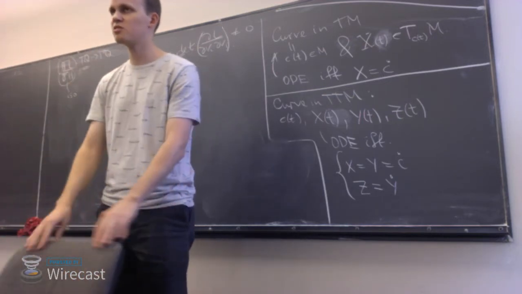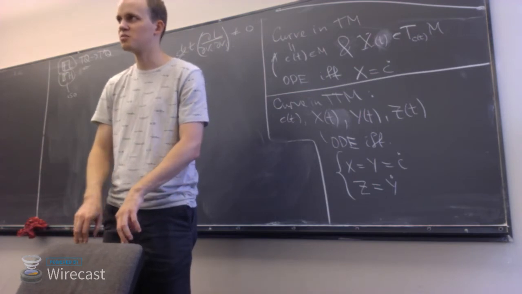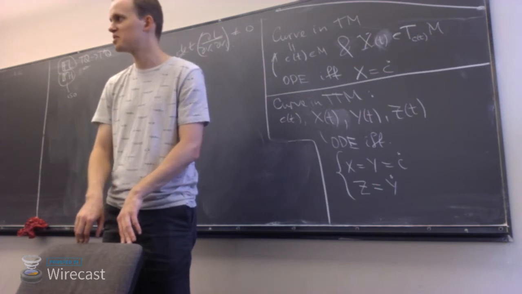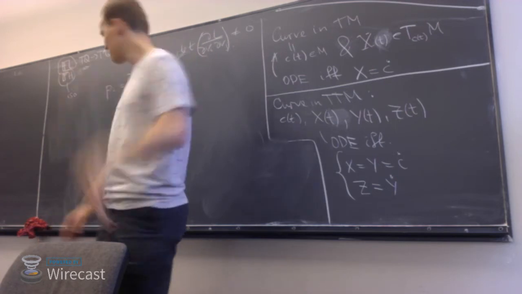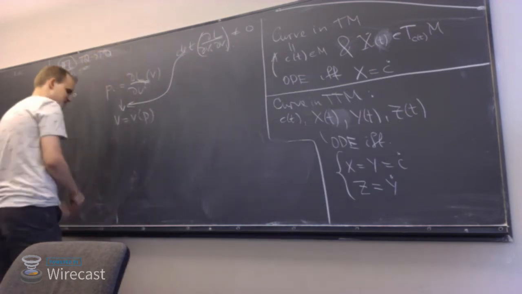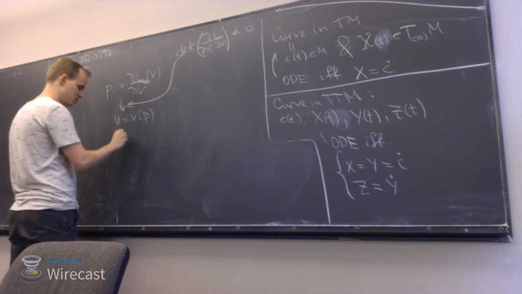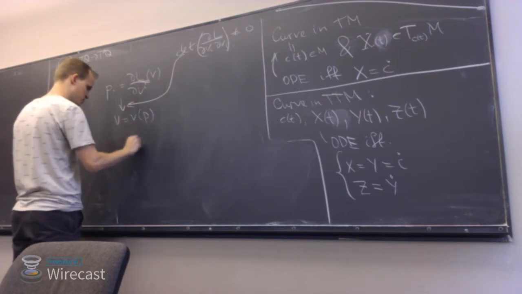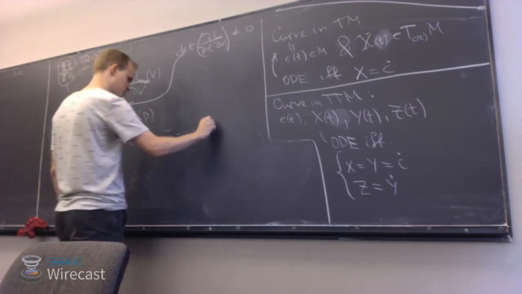Strictly speaking, there's the topic of time-dependent systems, which is covered in the book, but it's not pretty. It's basically the same. The only real change you need to make is you replace omega with omega tilde, which is omega minus H dt.